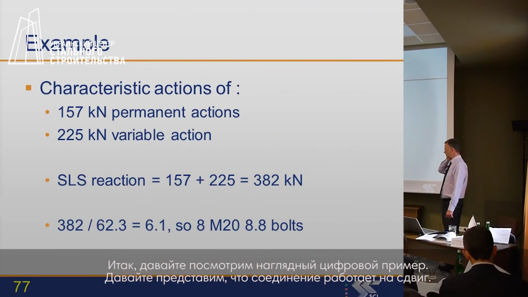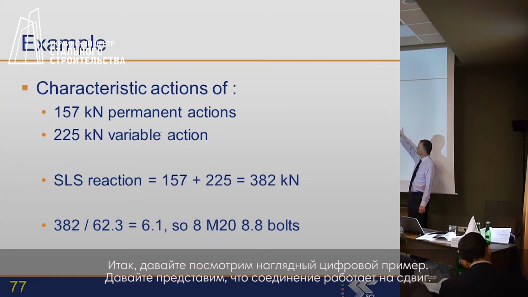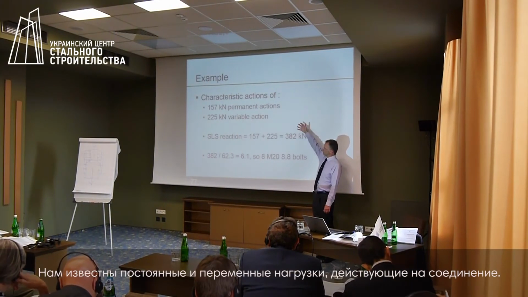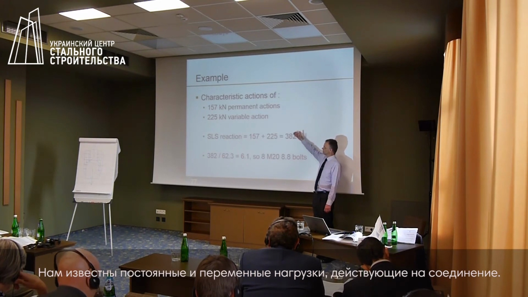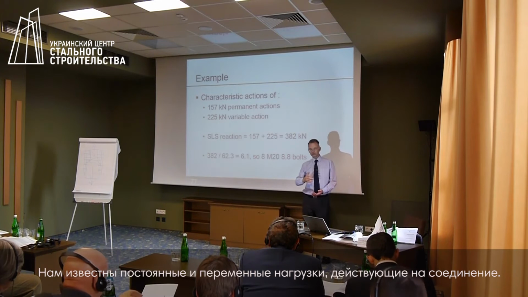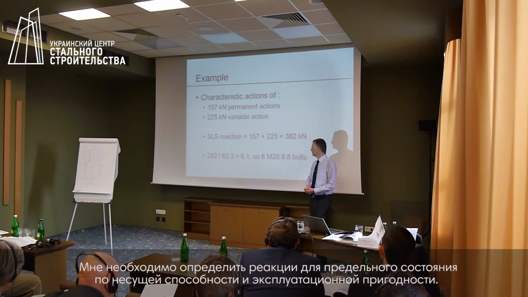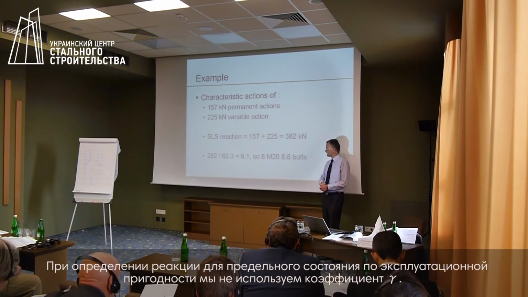So here's an example then, a numerical example. Let's imagine that we have a shear force on a connection. We know that we have some load due to the permanent actions, some load due to the variable actions. I need to know those proportions because I need to work out an ultimate shear reaction and also a serviceability shear reaction.